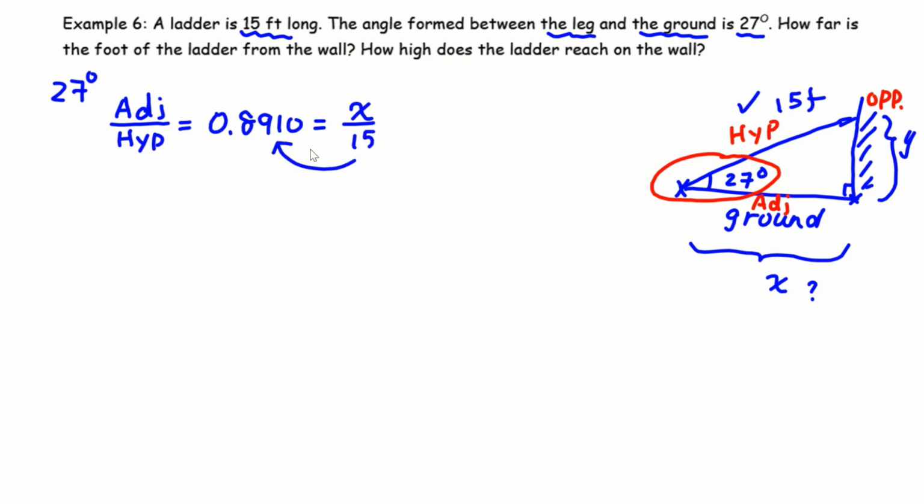So we move 15 to the other side, doing the opposite operation, then we have x equals 15 times 0.8910, which gives us 13.365.